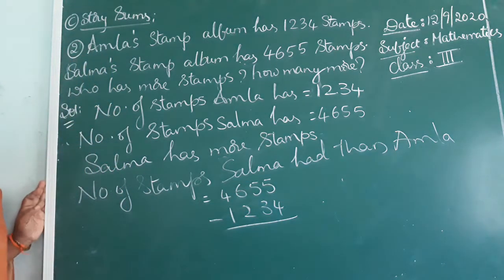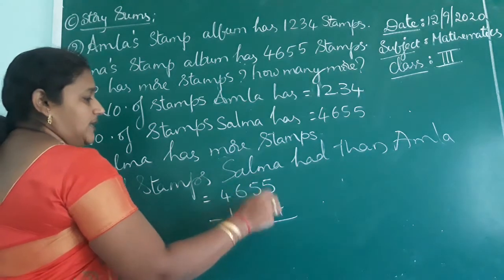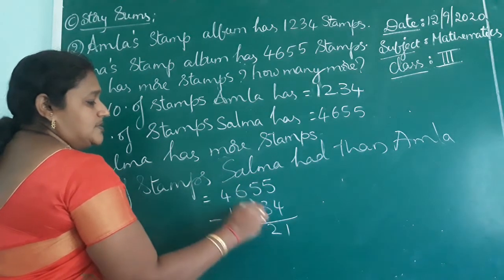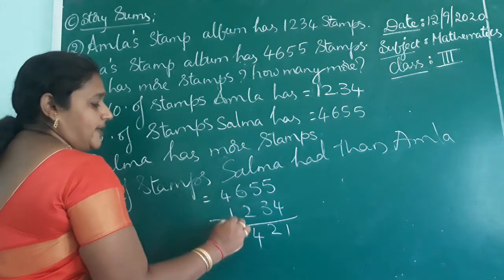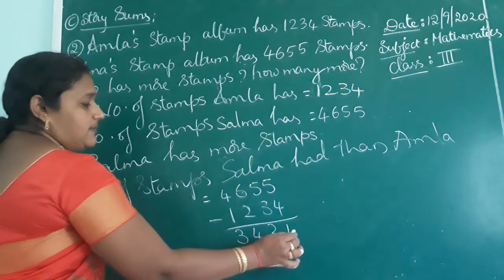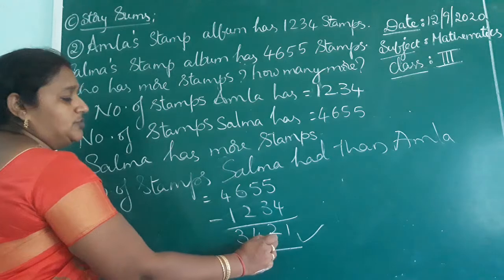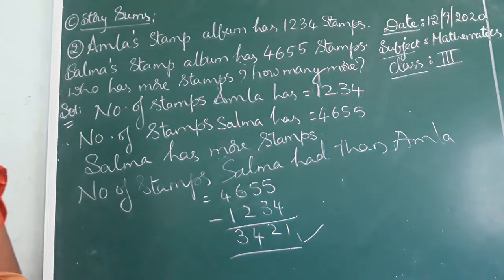If you subtract, you will know how much more it is. 5 minus 4 is 1. 5 minus 3 is 2. 6 minus 2 is 4. 4 minus 1 is 3. So Salma has 3421 more stamps than Amla.